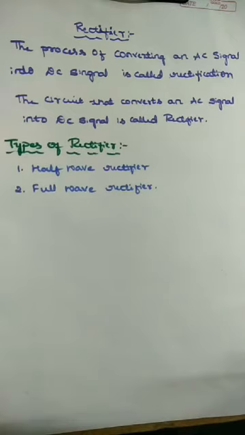So what is a rectifier here? The circuit that converts an AC current into DC current is called a rectifier. The process of conversion of AC current into DC is called rectification.